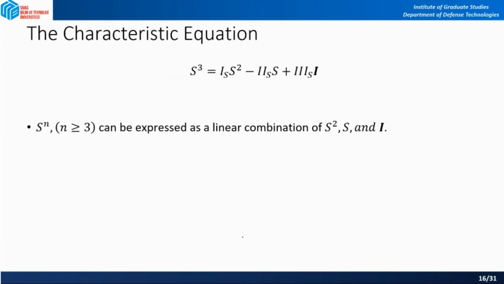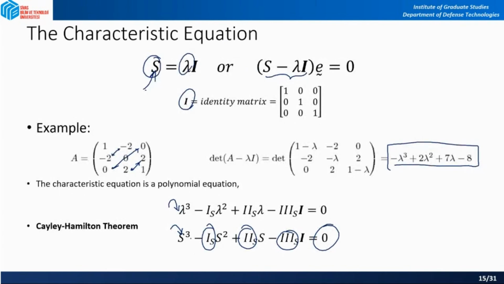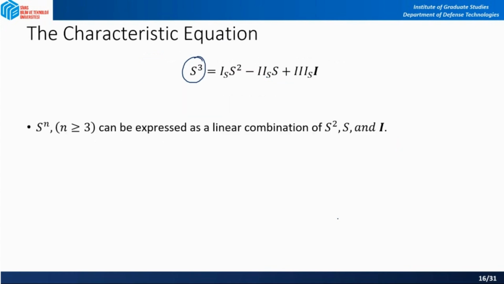The important thing about Cayley-Hamilton is that if you keep S cubed on the left hand side and take these three terms to the right hand side, I will get this. Now you see that S cubed is a function of S squared, S, and the identity matrix.